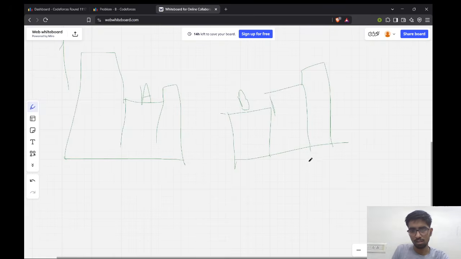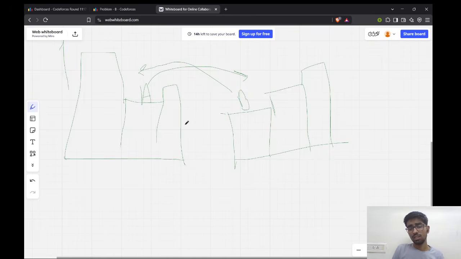I have drawn the diagram. So what these guys do is that they throw stones at each other. A will throw stones towards B and B will throw stones towards A on their particular turn.